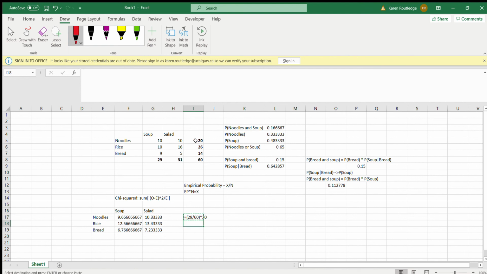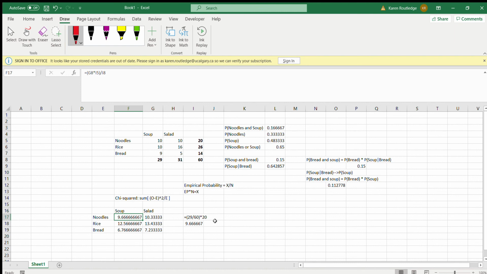So if we take that same thing and we just get rid of the apostrophe so it actually calculates that for us, we get 9.667, which is the exact same thing as we got just using this times that divided by that. In the way I'm doing it here, we're actually taking this divided by that times that. Ultimately, it's the same, it does the same thing, the same numbers, order of operations requires that.